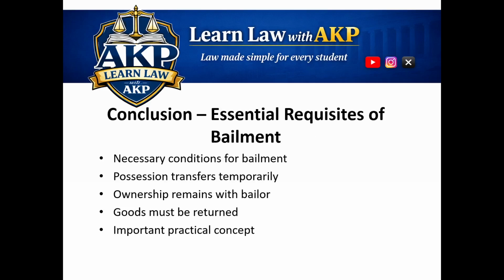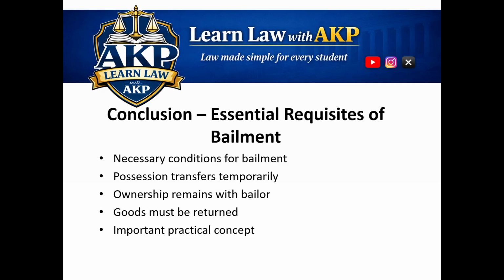Now, let's conclude this topic. For a valid contract of bailment, certain essentials must exist. There must be delivery of possession of movable goods for a specific purpose with an agreement to return the goods later. Ownership remains with the bailer while possession is temporarily transferred to the bailee.